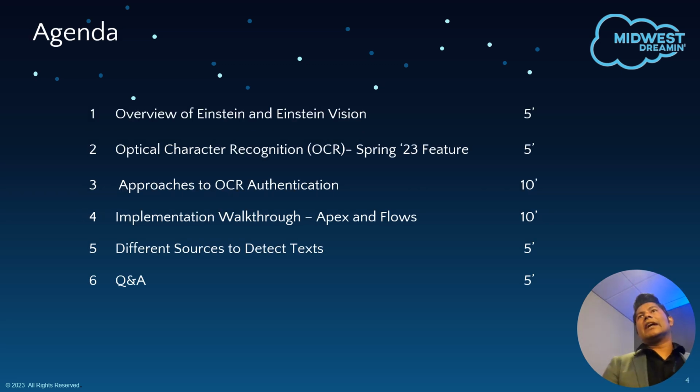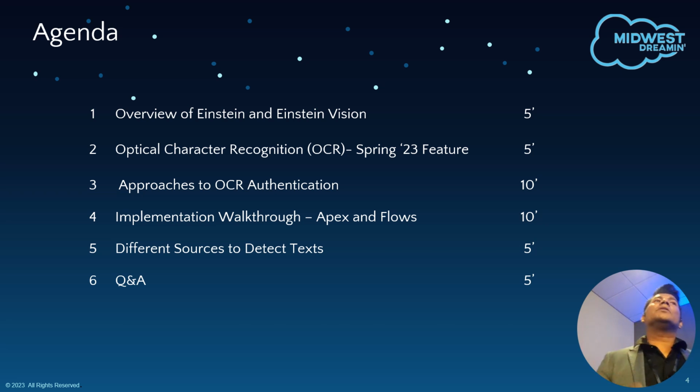In terms of agenda, I'm going to go over Einstein and Einstein Vision, what it is, and then I'm going to dig down to optical character recognition. This is where you extract text from different images and PDFs. It has been there for some time, three to four years, but Salesforce has enhanced it, so I'm going to talk about some of the latest enhancements. In terms of the implementation, one of the core parts is authentication. How do you actually authenticate with the Einstein platform? That's where the majority of the difficulty comes.